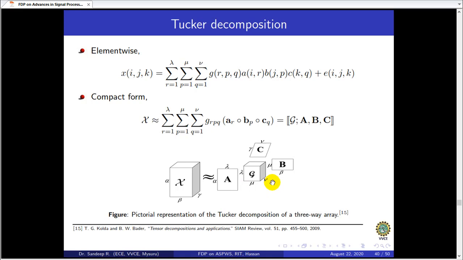So lambda, mu, nu is the reduced dimensionality, and alpha, beta, gamma is the dimension of the given video. This is the compact representation of the Tucker decomposition. Element wise, a, b and c are multiplied along with g_rpq, elements of the core tensor, plus the error. If I neglect this, I can say that the given video being treated as a tensor is approximately represented using these elements.